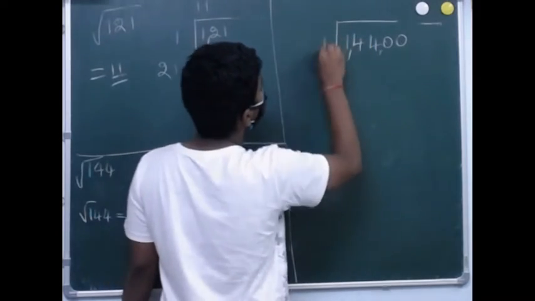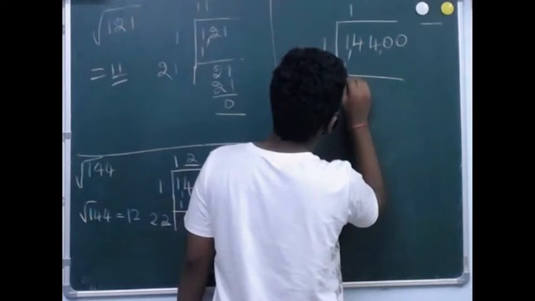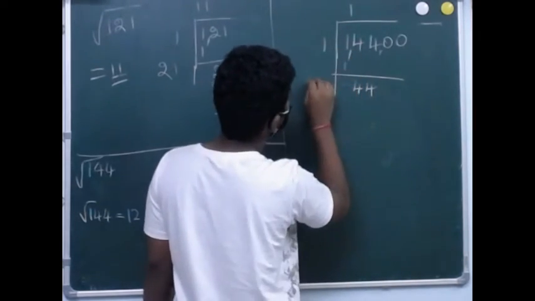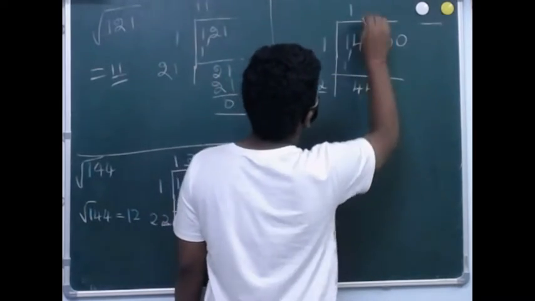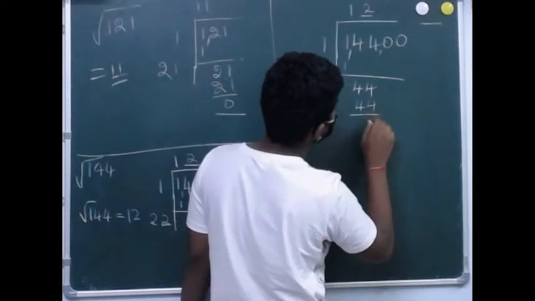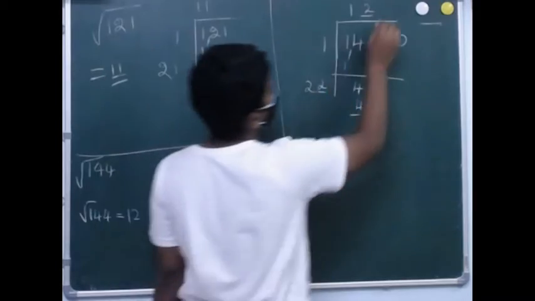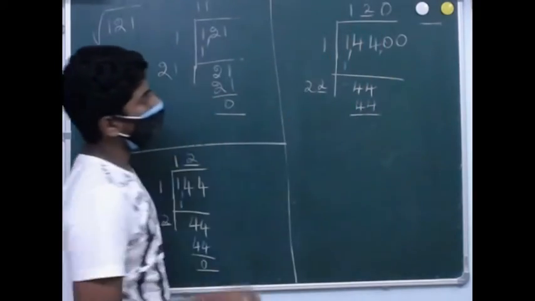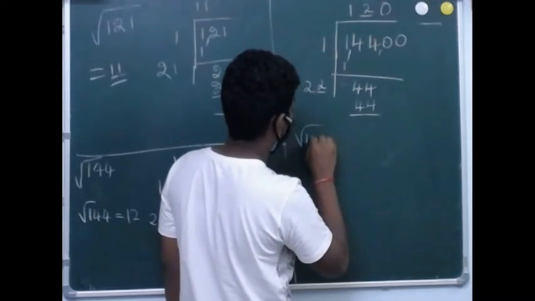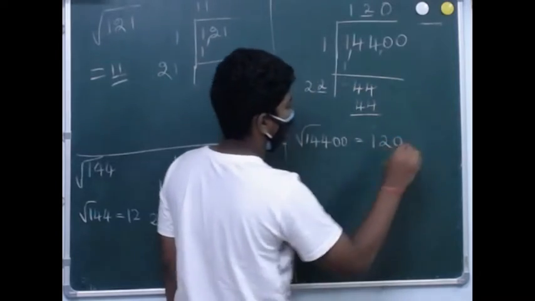Now proceed. So next we should put 1 0. That's all. So you will get double zeros. So 120. So for 14,400, 120 is the result.